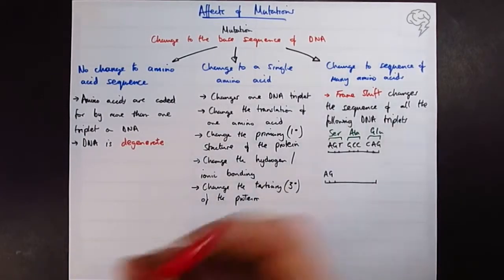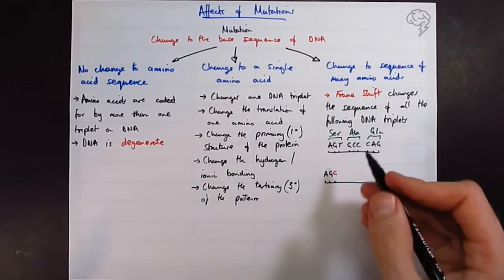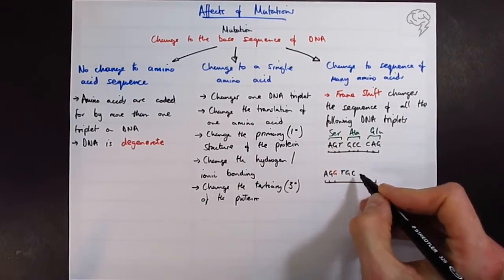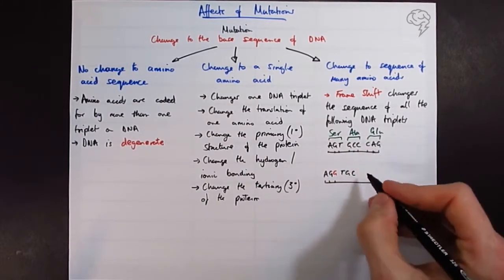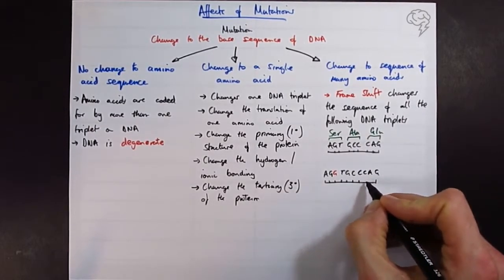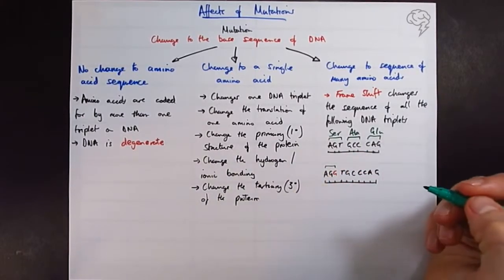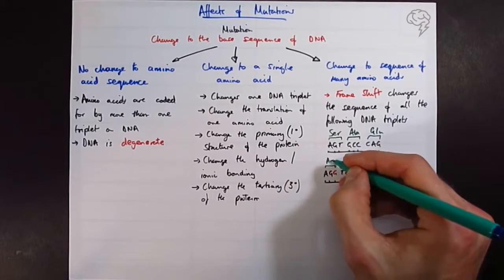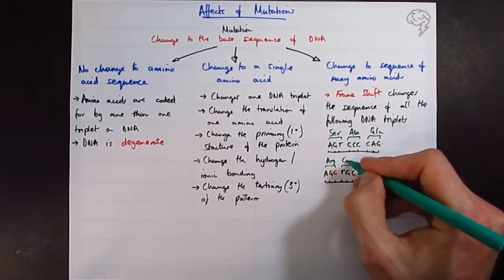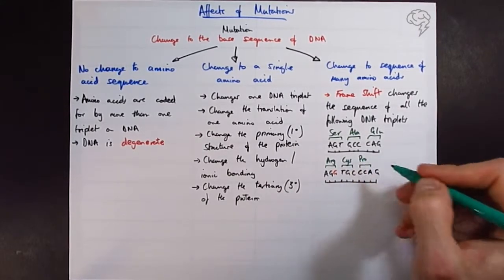And we're going to add in here an extra G. And now we can carry on as per usual, but we've now got TGC, and we've got CCA, and we've got an extra G. So instead of serine being our first amino acid, we have arginine. And then TGG is cysteine, and then we have proline, and so on.